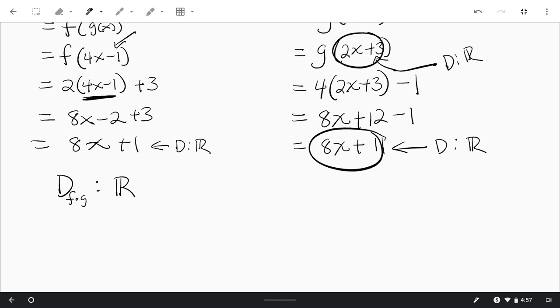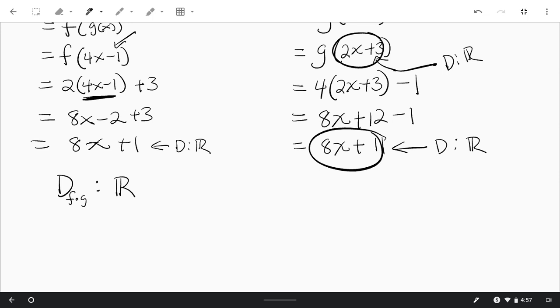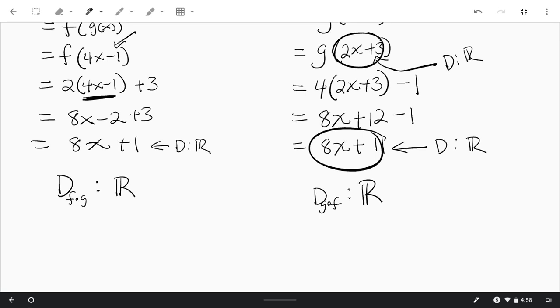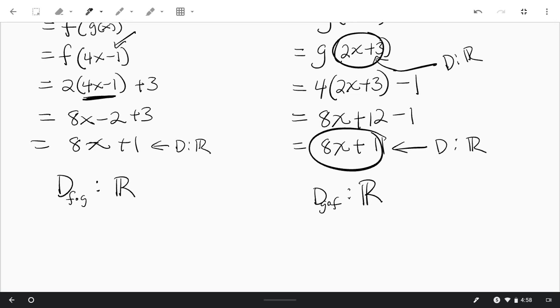Both of these have domain all real numbers, so the domain of g circle f is all real numbers. If there are any restrictions between these two, then that's the restriction you also have to include in your final answer.